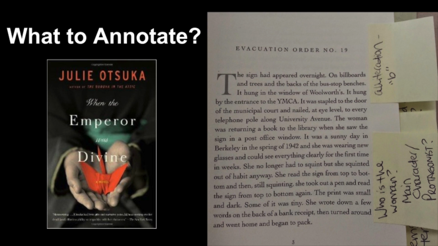She no longer had to squint, but she squinted out of habit anyway. She read the sign from top to bottom, and then, still squinting, she took out a pen and read the sign from top to bottom again. The print was small and dark. Some of it was tiny. She wrote down a few words on the back of the bank receipt, then turned around and went home and began to pack.